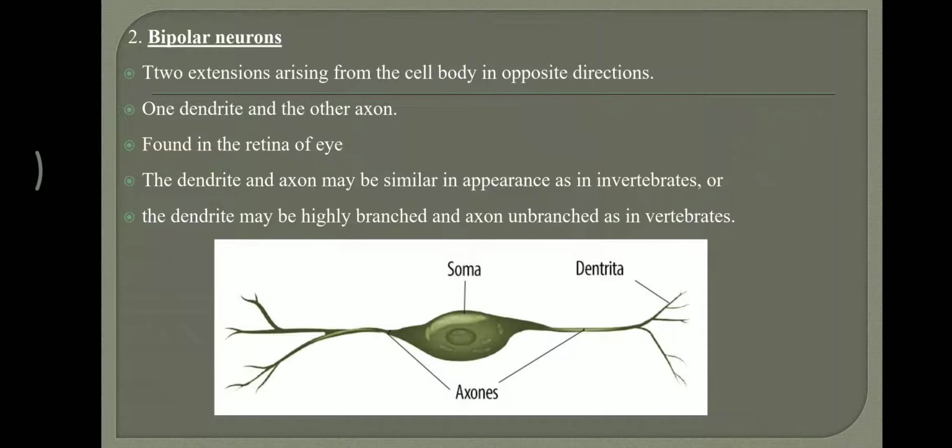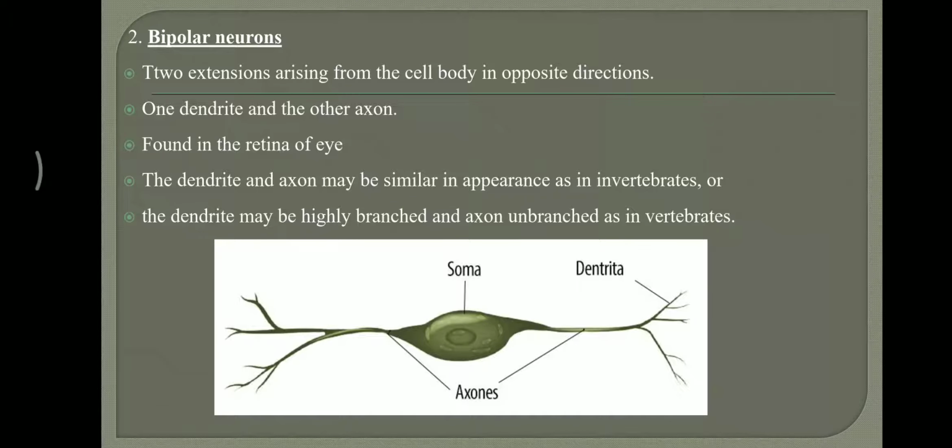The dendrite and axon may be similar in appearance as in invertebrates, or the dendrite may be highly branched and axon unbranched as in vertebrates. So, in the case of vertebrate and invertebrate, bipolar neuron may be different.